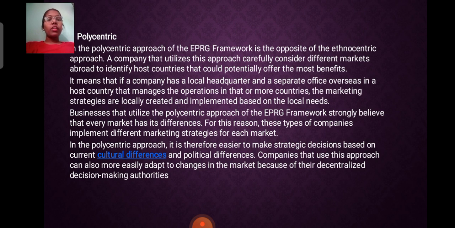With the polycentric approach, it is therefore easier to make strategy decisions based on cultural and political differences. Companies that use this approach can also more easily adapt to changes in the market because of the delegation of decision-making authority.